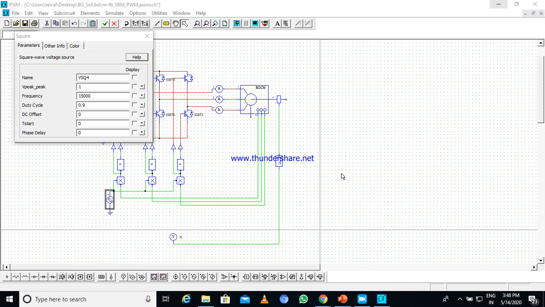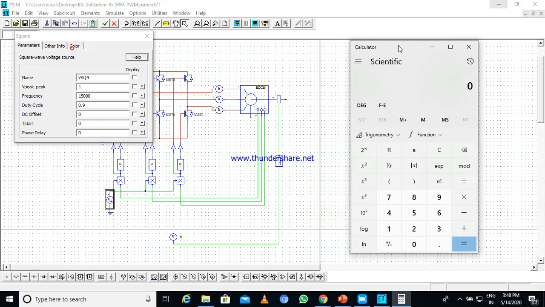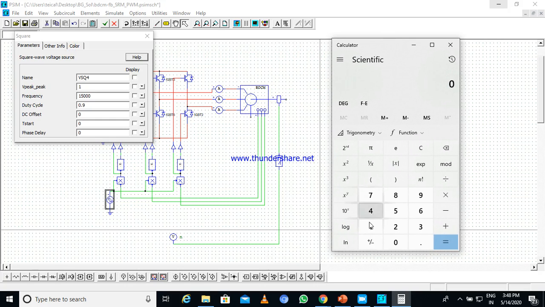Now in most microcontrollers, the clock is 16 megahertz. So 16 megahertz divided by 2, it is this one, and the resolution of the PWM, if you take 10-bit resolution, you will get a PWM frequency of 7.8 kilohertz.